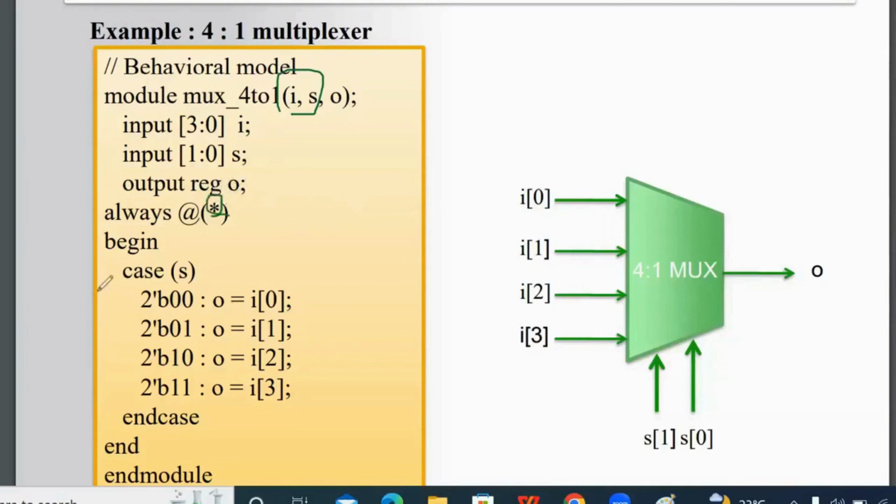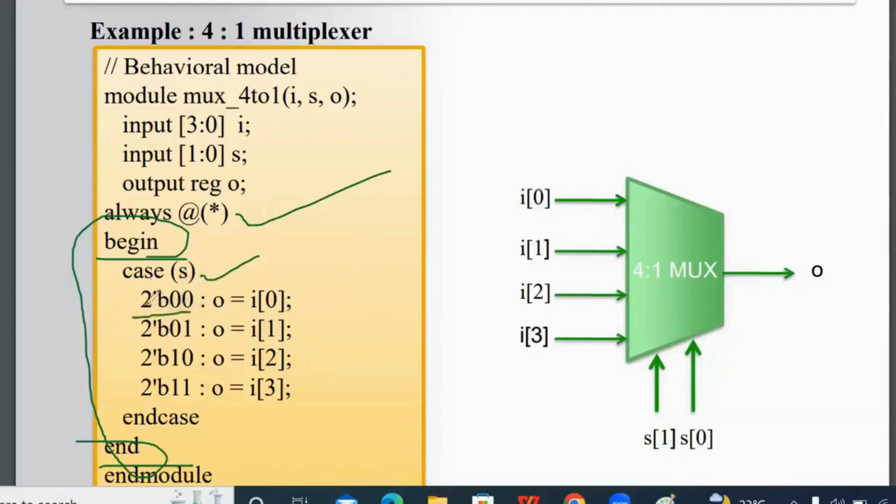And begin end: we write begin end within the always block or initial block. Always and initial are procedural blocks, and those we'll discuss later clearly. And case you already know, as we used it in the C language. So 2'b00: what does this mean? There are 2 bits declared in binary.